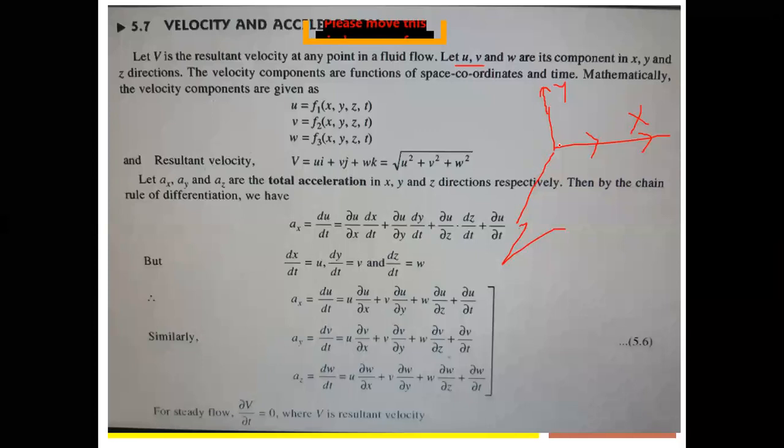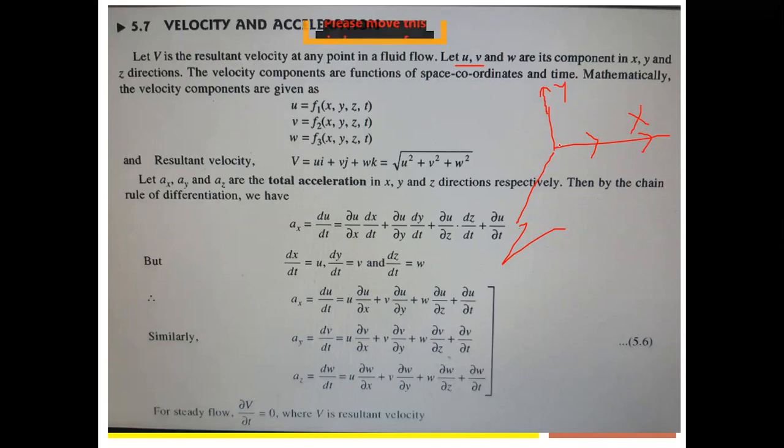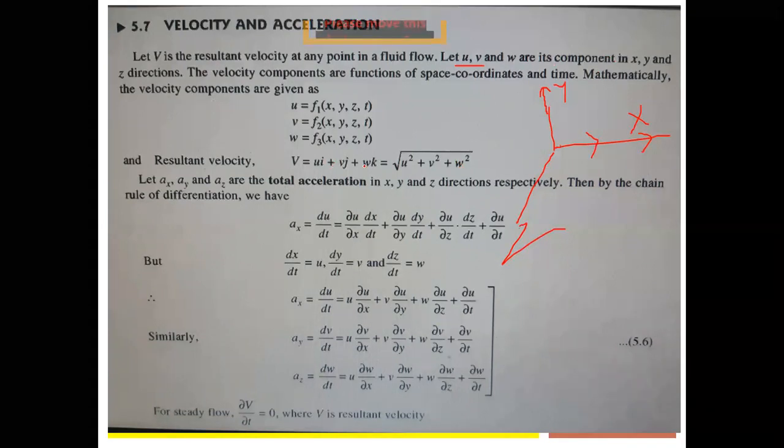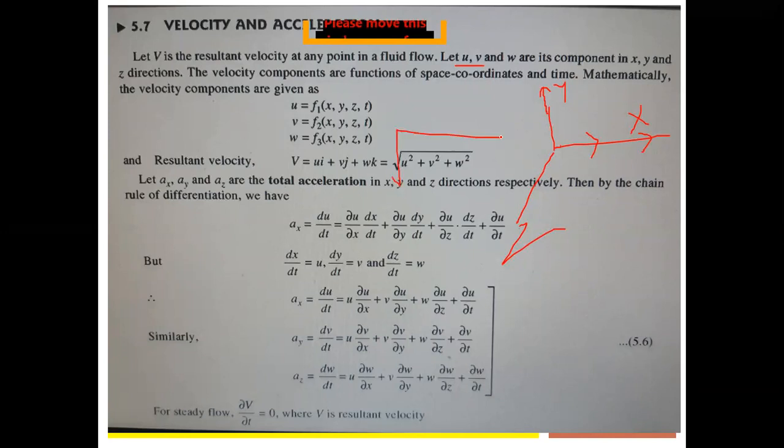Therefore, what is the resultant velocity for the 3 coordinate system? V is equals to ui plus vj plus wk, with components in the x, y, z directions, that is u, v, w. That implies the magnitude is root of u square plus v square plus w square.